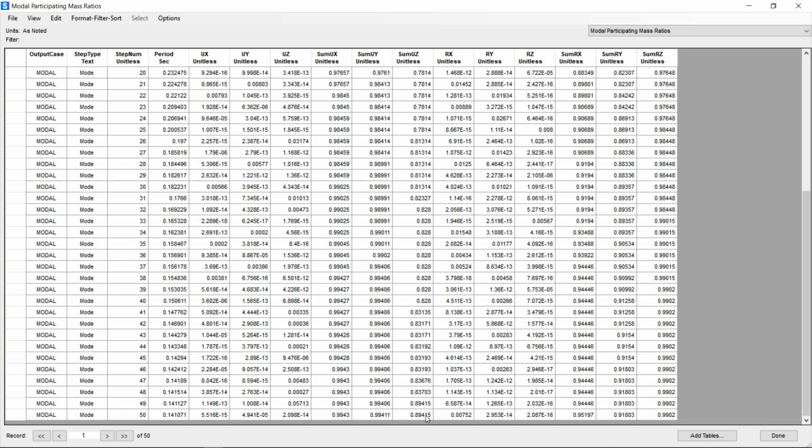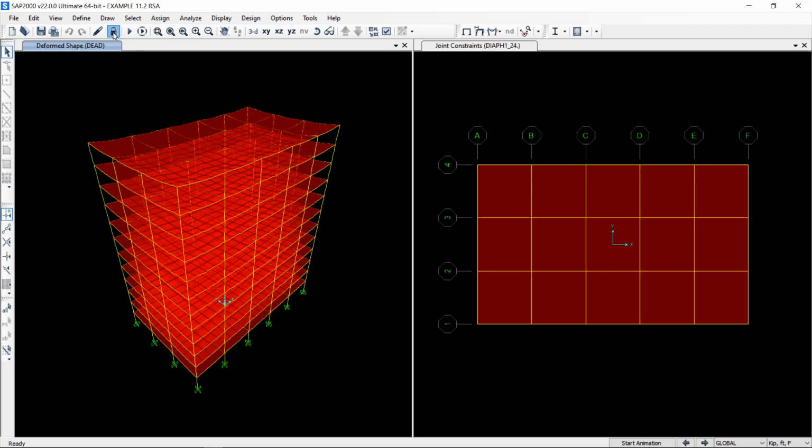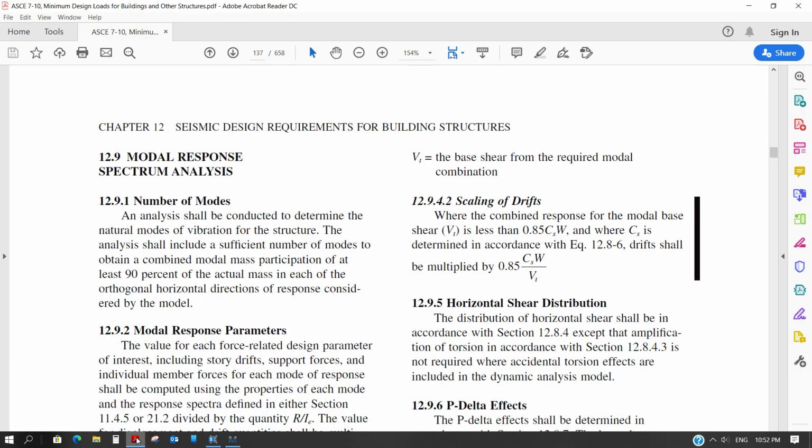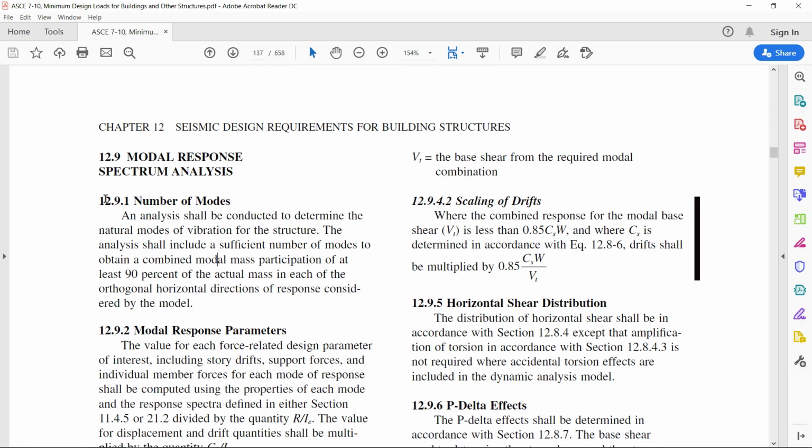Z is not our important one, 89. So in both directions we are reaching up to 99%. That means 50 mode shapes are good enough. So far, we met the first condition, that is, the condition of section 12.9.1. That means we have a sufficient number of modes where the sum is more than 90%.